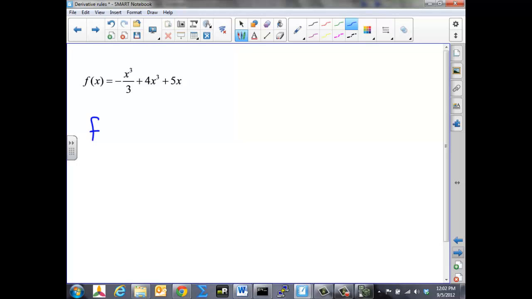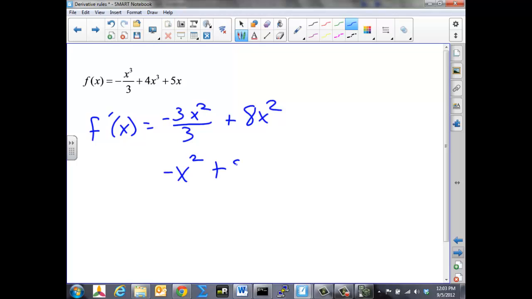It's negative x cubed. Oh, you're right. When we do that, we'd have negative 3x squared over 3. 4x cubed becomes... wait, wouldn't it be 12x squared? Yeah, 4 times 3 is 12, isn't it?